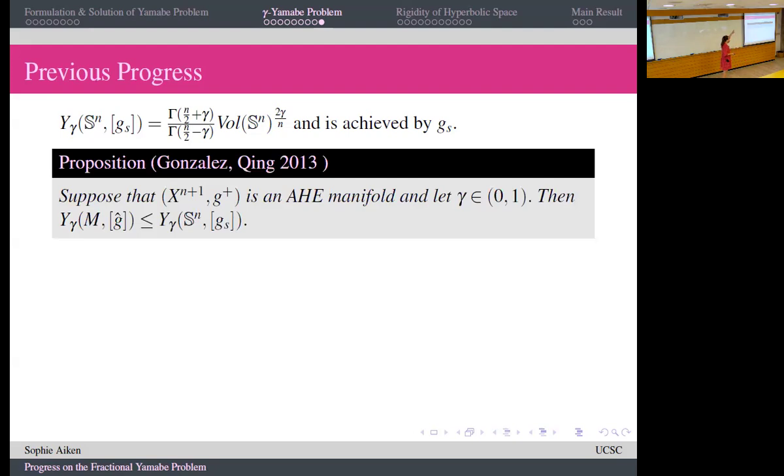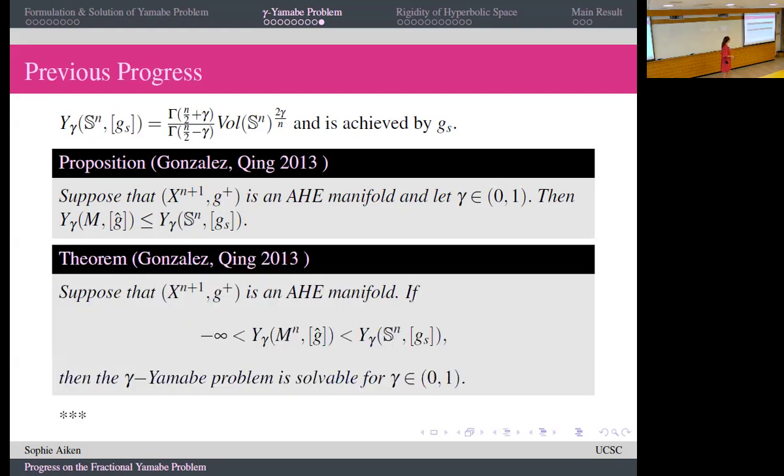This first result is from the same paper by Gonzalez and Qing, but it's just a remark in there. Now if we have our interior X^{n+1}, g_+ being, for our purposes, an asymptotically hyperbolic Einstein manifold, and gamma between 0 and 1, then we always have that the fractional Yamabe constant is less than or equal to that of the sphere.